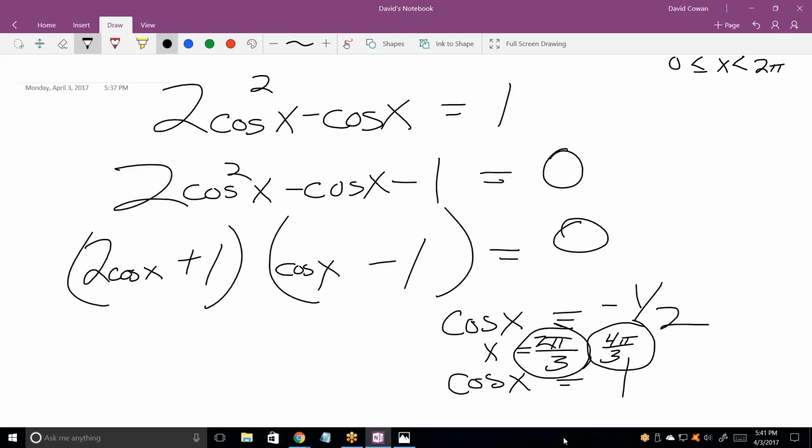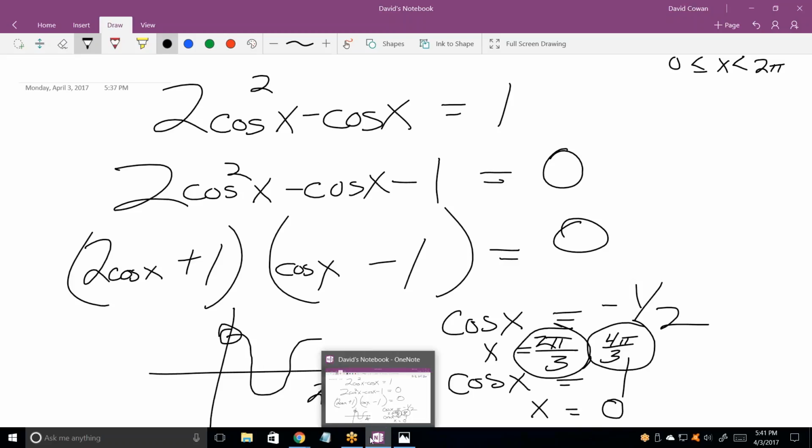And now we have also, where is cosine x equal to 1? Isn't that just at 0? And it's the only place. If we draw our cosine curve, some of these quadrangles only have one answer. Notice there's only one place where cosine is equal to 1, and that's at the beginning and the end.